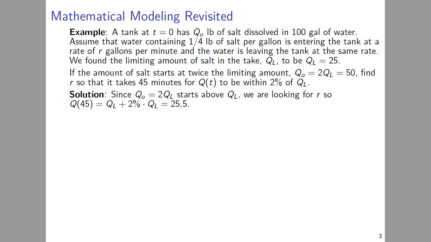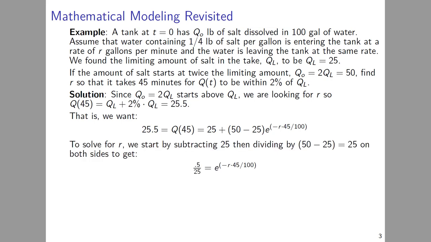So it'll reach that 2% threshold at 25.5. As an equation, we're trying to solve 25.5 is equal to q of 45. And using the solution we found on the last page, that's equal to 25 plus 50 minus 25 times e to the negative r times 45 over 100.